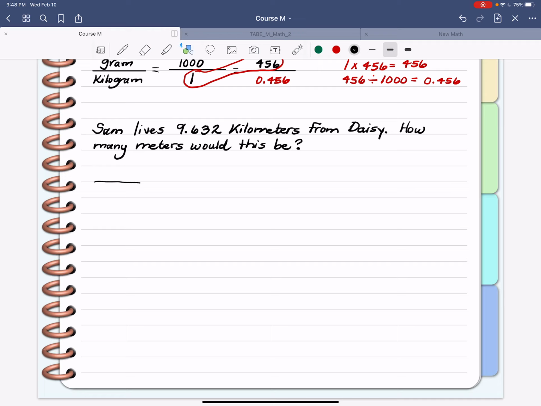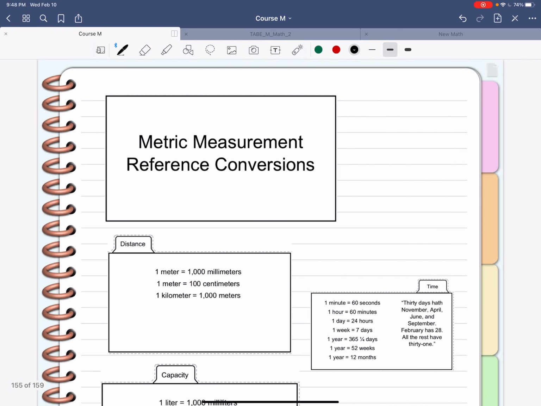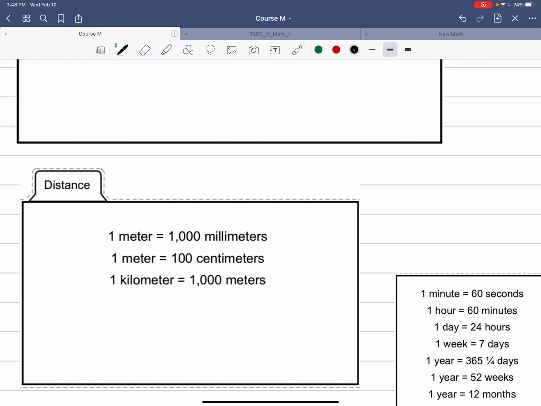So let's set up the framework. Start with words. Always start with words. Kilometers and meters. You can put either one of them on top. It doesn't matter. Let's get the reference ratio. And right there it is.